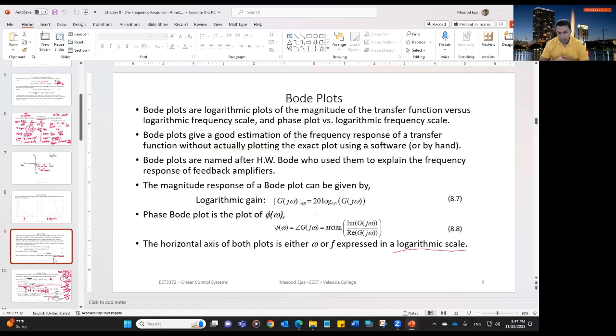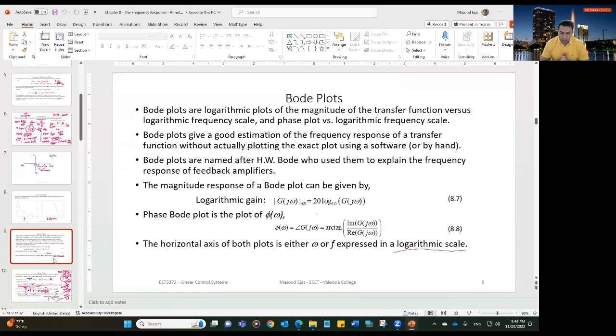But the good thing about Bode plots is that the approximation is pretty straightforward, and it is pretty easy to realize how the response of a system looks like if you're plotting the Bode plot. That approximation is quite close to the exact plot, except you're missing some curves and stuff. But apart from that, the Bode plot approximation is quite realistic.